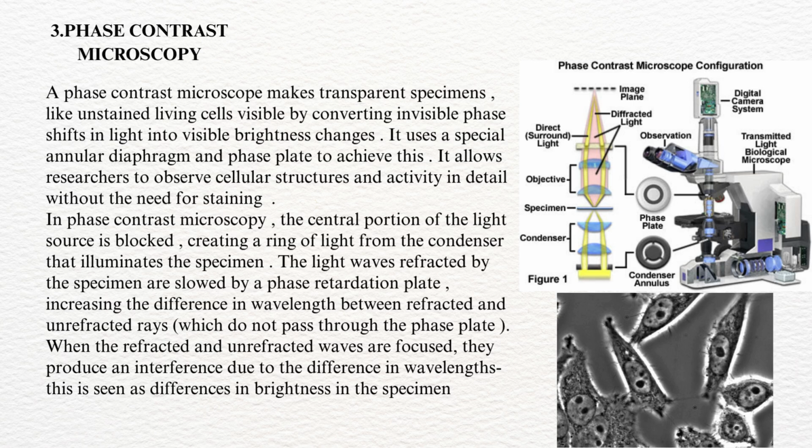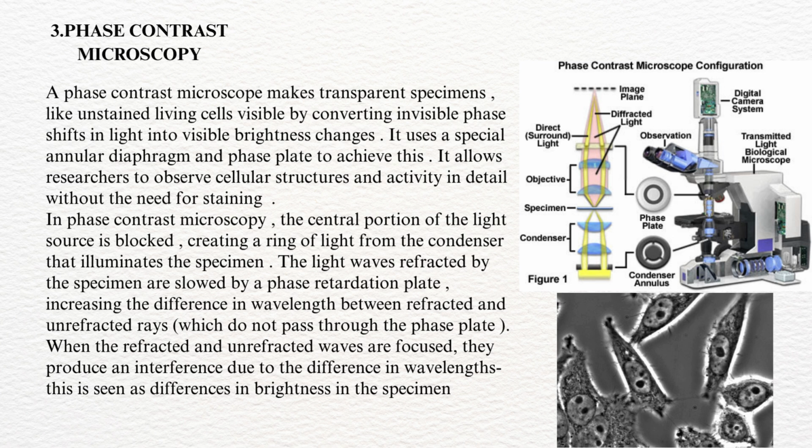The mechanism of phase contrast microscopy is such that the central portion of the light source is blocked, which creates a ring of light from the condenser that illuminates the specimen. The light waves reflected by the specimen are slowed by a phase retardation plate, which increases the difference in wavelength between refracted and unrefracted rays.